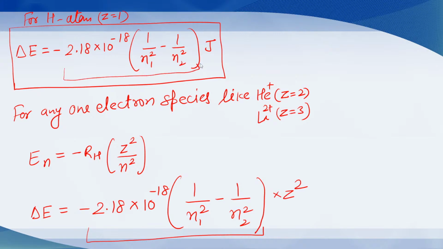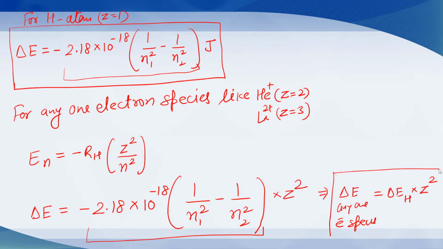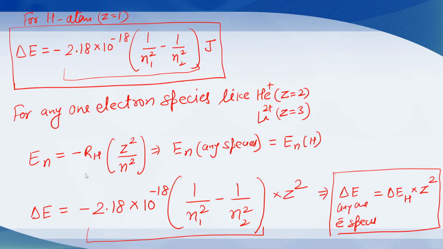So it can be written as delta E of any one-electron species is equal to delta E of hydrogen into Z square, or E n of any species is equal to E n of hydrogen into Z square.